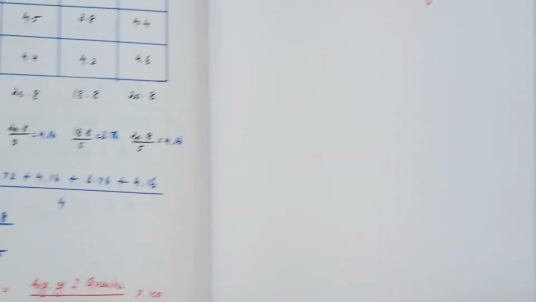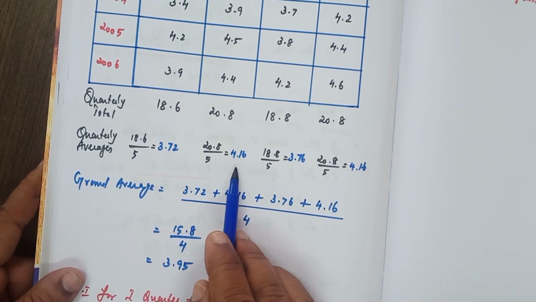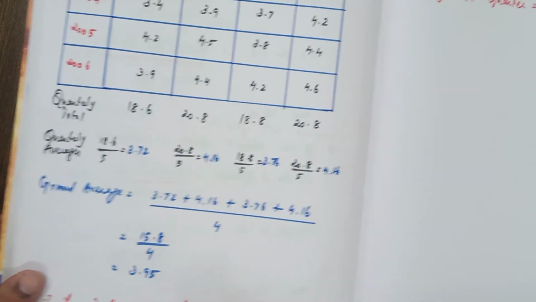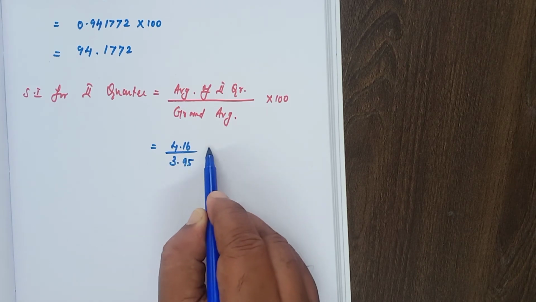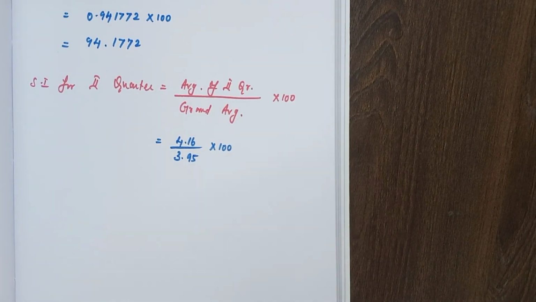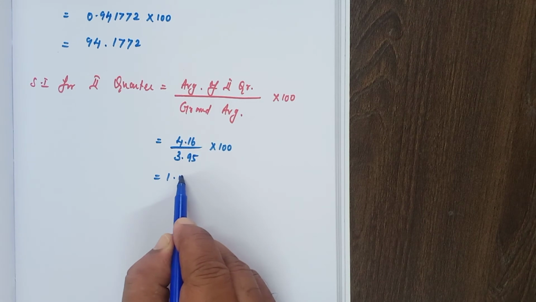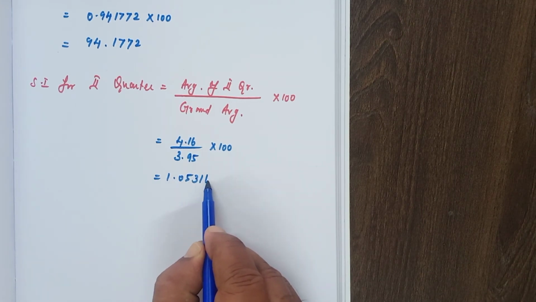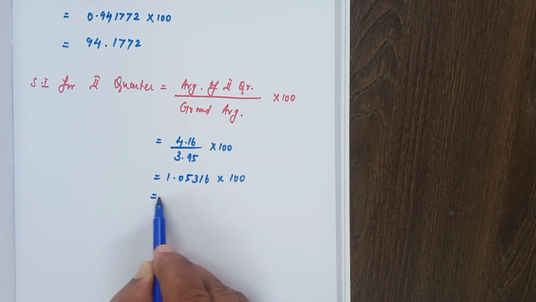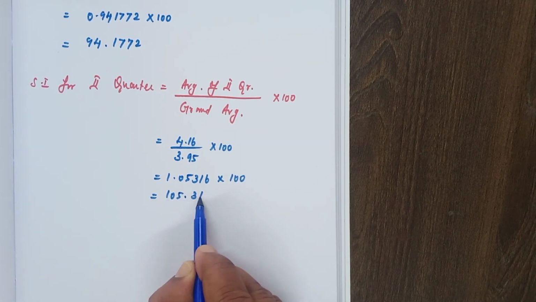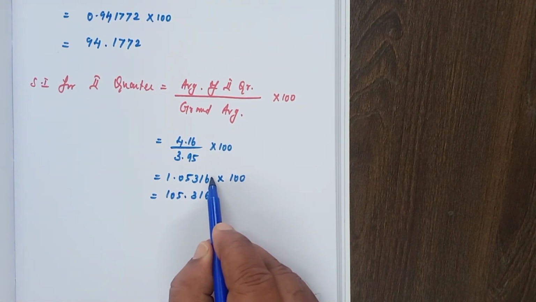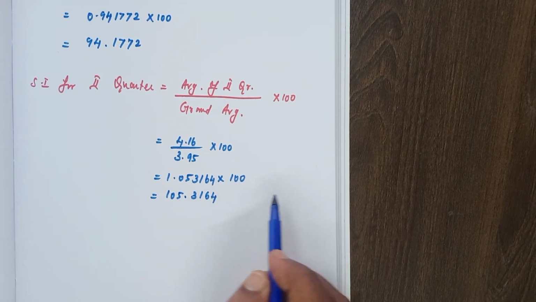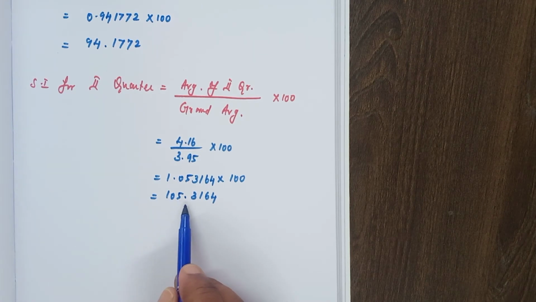The second quarter average is 4.16 and the grand average is 3.95. 4.16 divided by 3.95 equals 1.05316, into 100 gives 105.316. Since the next digit is 4, you can also write 105.32, rounded to 2 decimal places.